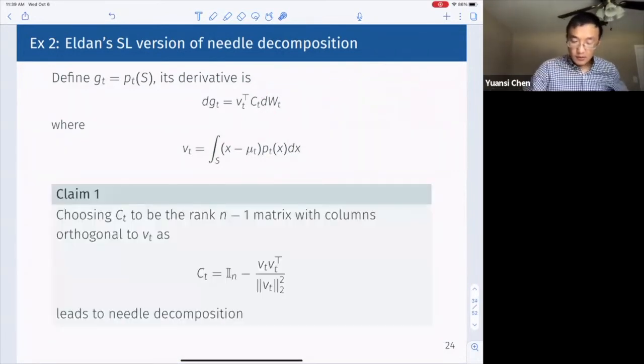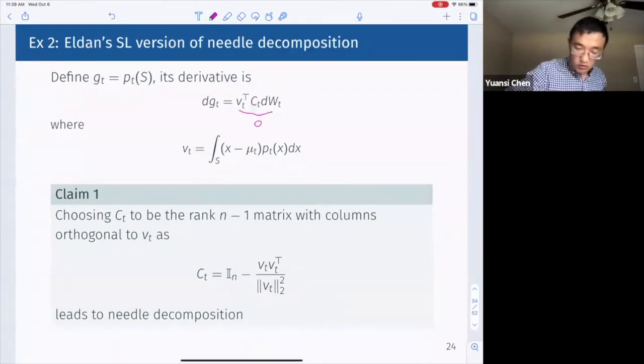And the claim is that if you choose C_t to be the rank n-1 matrix, where the columns are always orthogonal to v_t, then you get needle decomposition. The idea is that if you choose C_t to be always orthogonal to v_t, then this part will be 0. So this G_t will never change because its derivative is 0.